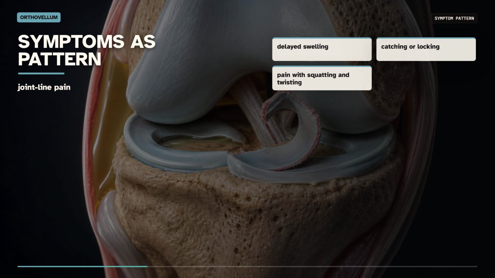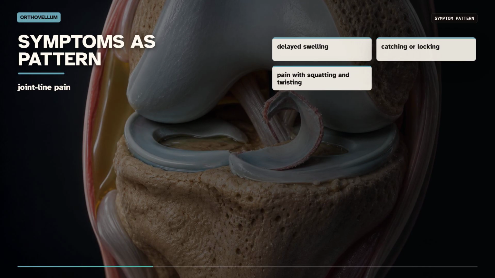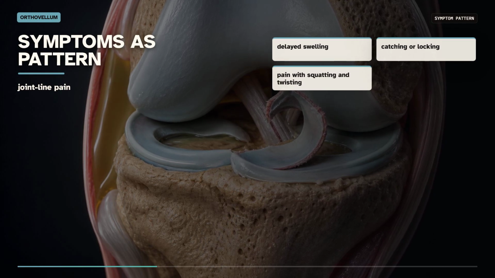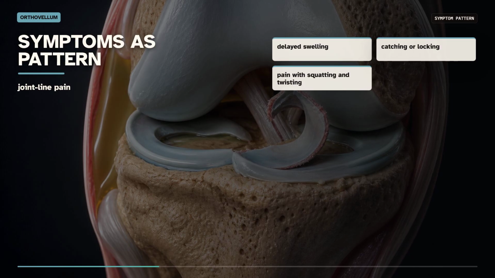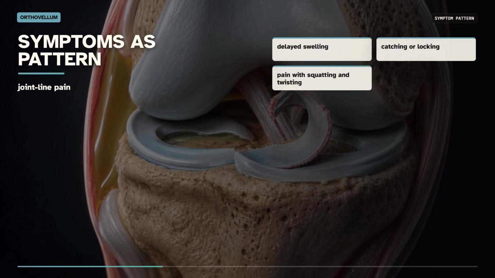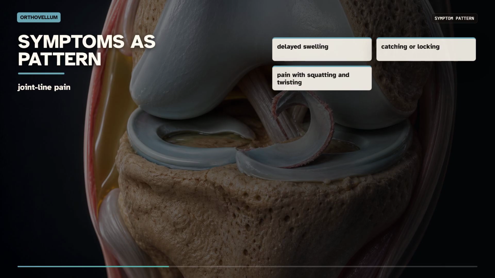Symptoms matter most when they form a pattern. One symptom by itself can mislead. A cluster is much more useful. Listen for timing, load, swelling, night pain, mechanical symptoms, and whether the person is losing trust in the limb. Also listen for what the problem has taken away: sleep, walking, work, sport, independence, or confidence.